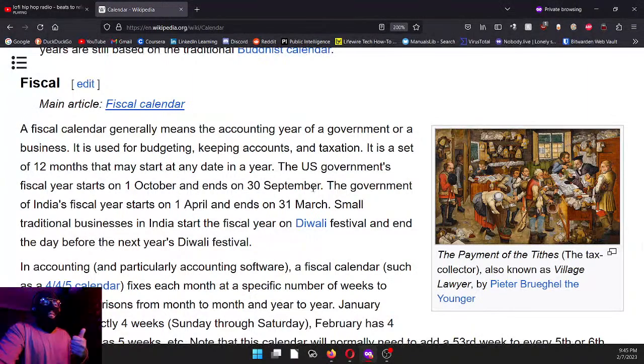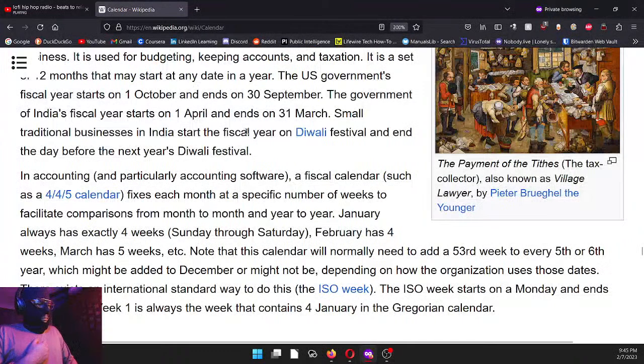Calendars for accountants. In accounting, in particular accounting software, physical calendars such as a 4-4-5 calendar fix each month at a specific number of weeks to facilitate comparisons from month to month and year to year.